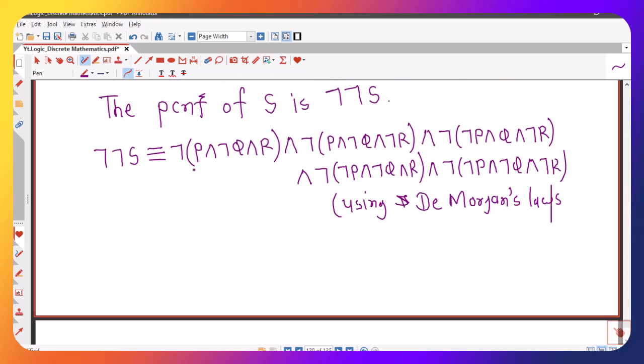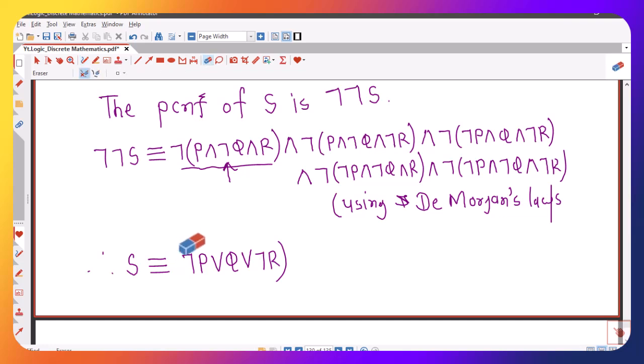Now again I have to apply De Morgan's law here, and we know that negation of negation S is logically equivalent to S. Now if I apply De Morgan's law here, then this is going to be negation of P or negation of negation Q, which is Q, or negation R. So I have to repeatedly apply De Morgan's law here, and again I am applying De Morgan's law here.